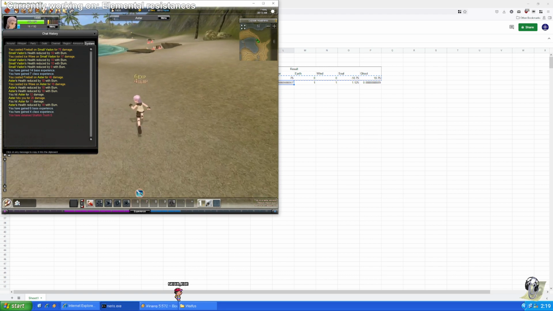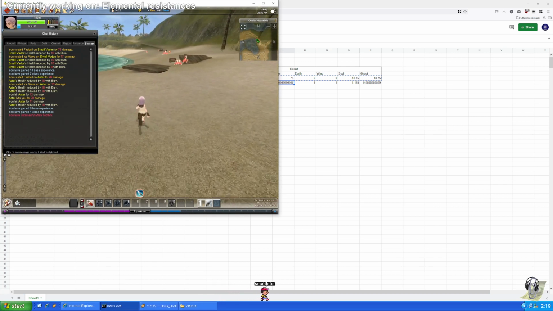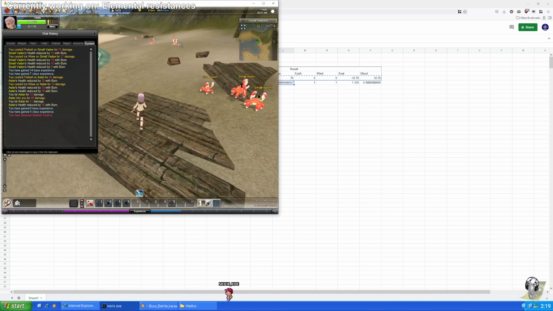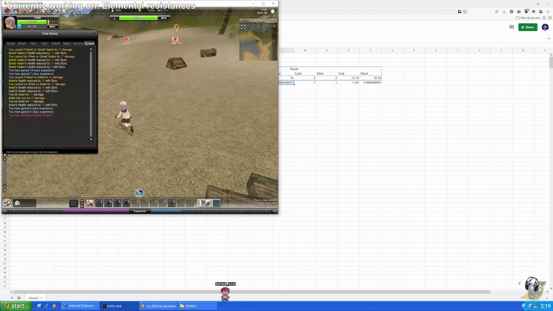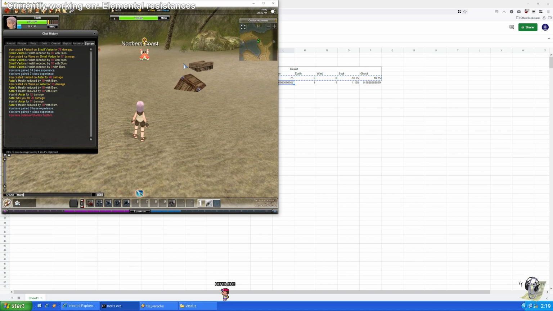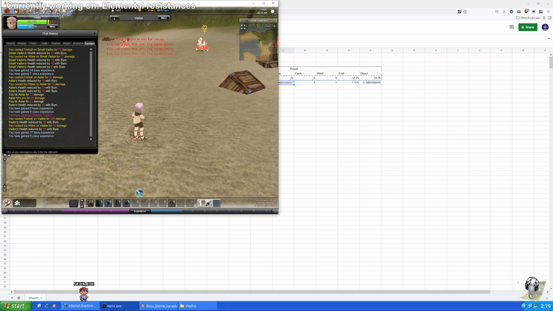Now let's try the same on the big udons. On this one. 108 and 12.